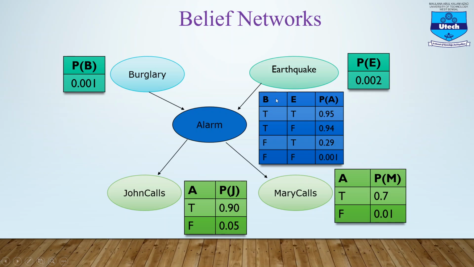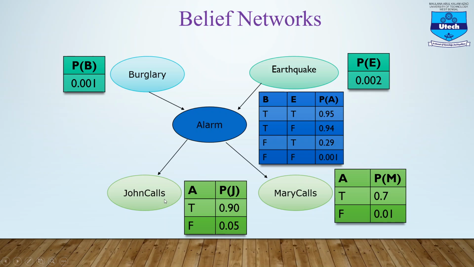Now, with B and E as the parents, the probability of A: if any of them is true, the alarm should go on. The values, as you can see, are very high if the burglary has happened. If burglary is false and earthquake is true, then this value is quite a bit smaller. And if both of them are false, this value is very small. This table is also given to you.